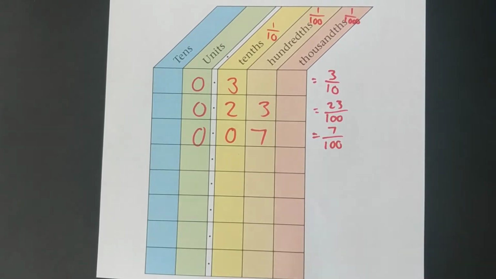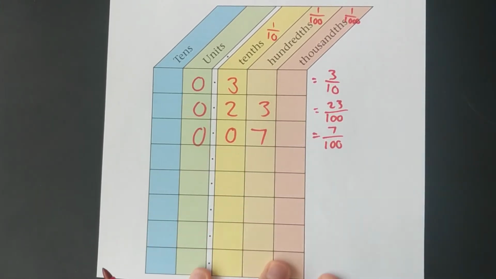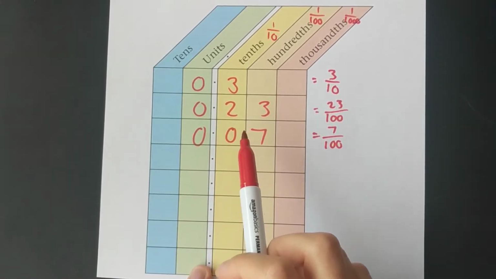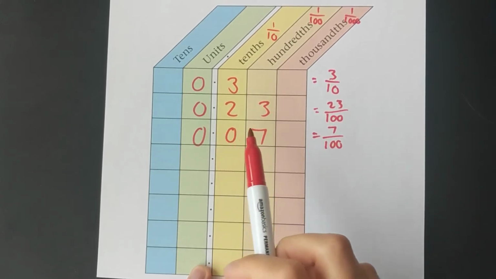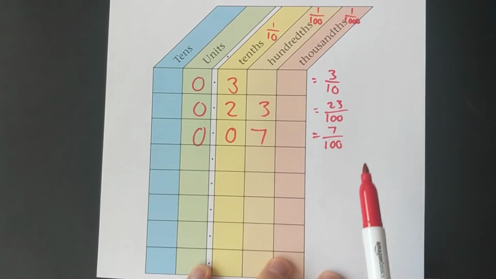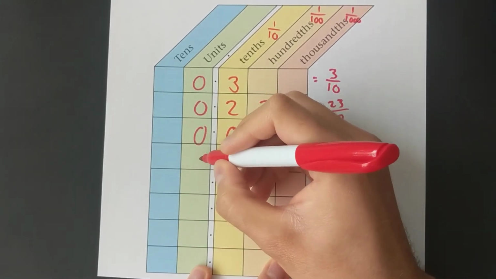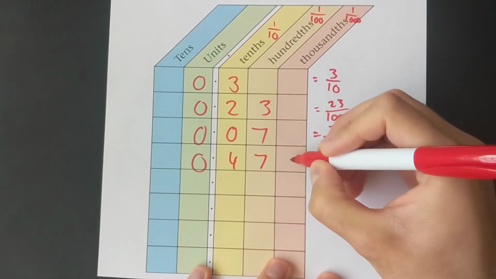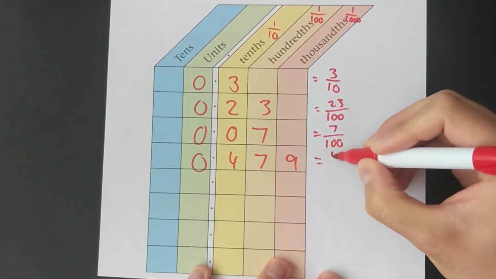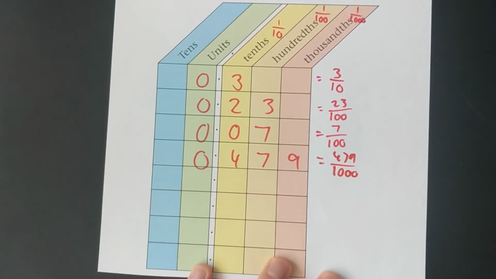One thing that you have to be very careful with is here, this is 0.23 for 23 hundredths. You do not say 23 because that is not what this place value is. After the decimal point, you just say the digits. So this would be 0.23 for 23 hundredths. This would be 0.07 for 7 hundredths. You would have 0.479 for 479 thousandths. You just read the digits after the decimal point.